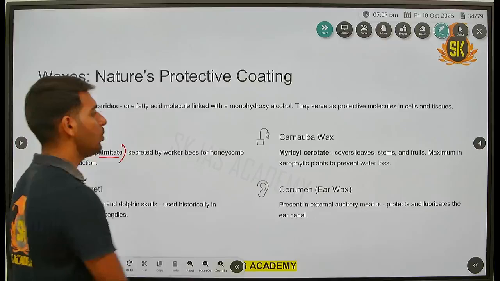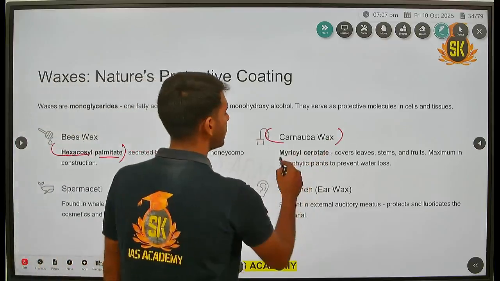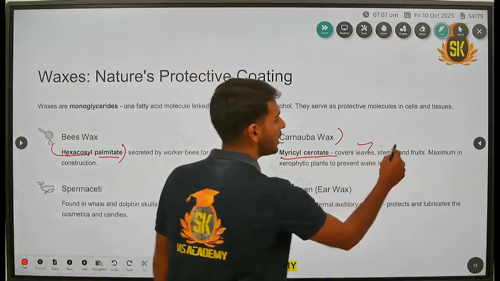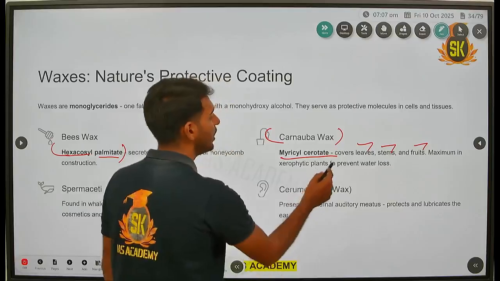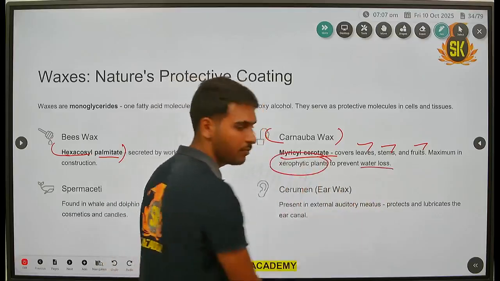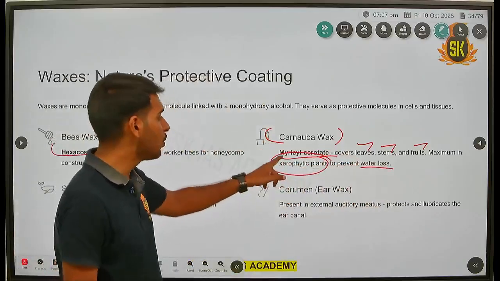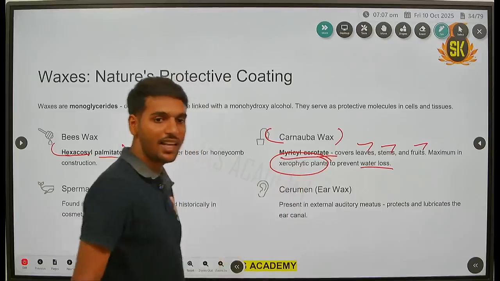Okay, then you have carnauba wax, which is myricyl cerotate, which covers leaves, stems, and fruits. Maximum in xerophytic plants to prevent water loss. Carnauba wax is composed of myricyl cerotate.